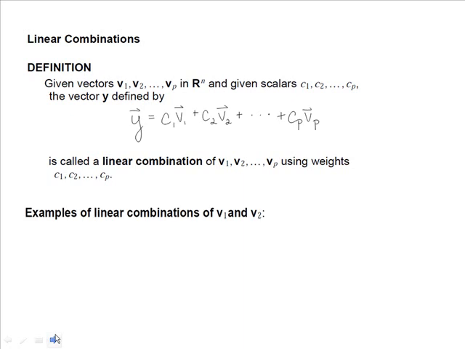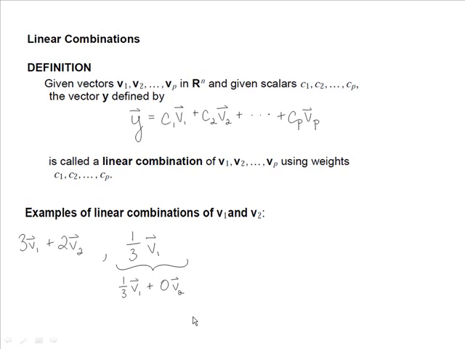And here are some examples of linear combinations of v1 and v2. I can have 3v1 plus 2v2, and that is a linear combination of those two vectors. Or I could simply have 1/3 v1, and that's a linear combination of both vectors because I could write it as 1/3 v1 plus 0 v2.